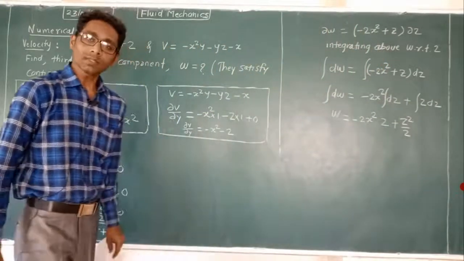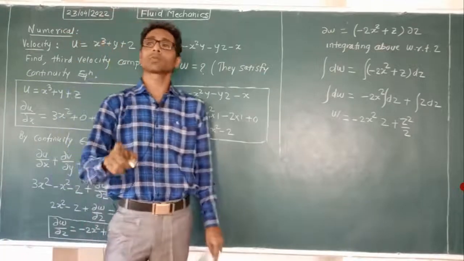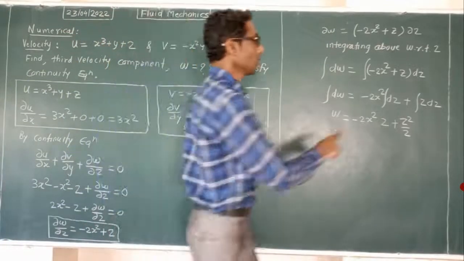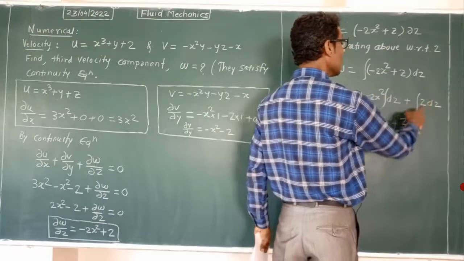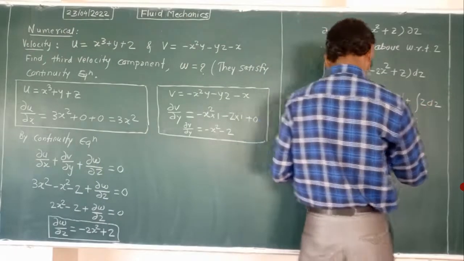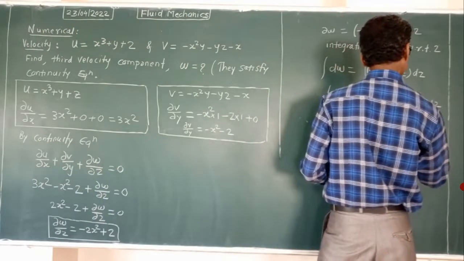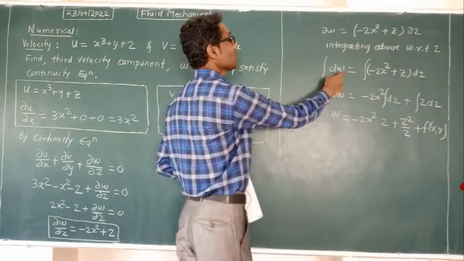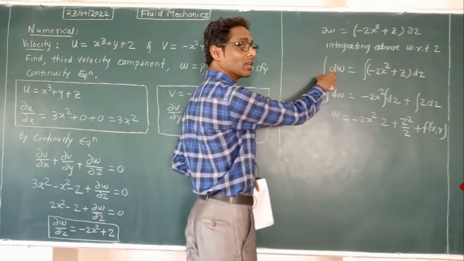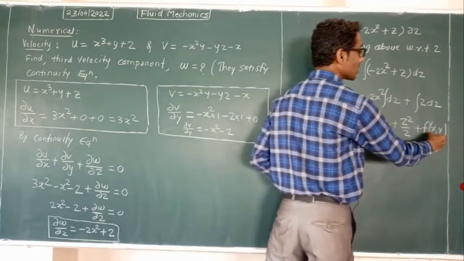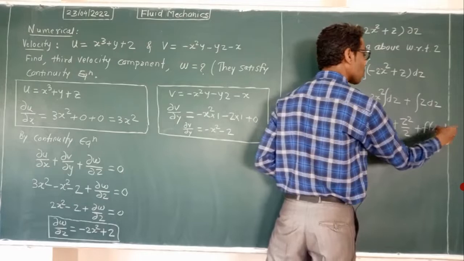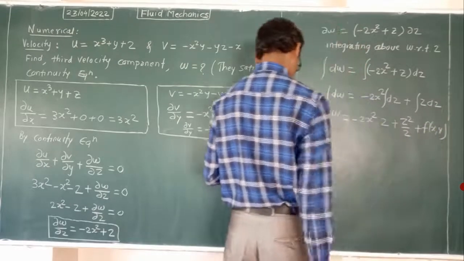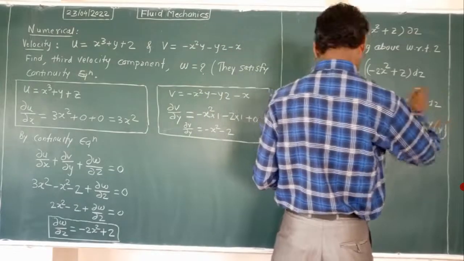In mathematics we have seen that integration of x is x square by 2. Then plus f of xy, a function of x and y, because this is the velocity along the z direction; the remaining two directions' function comes as a constant.